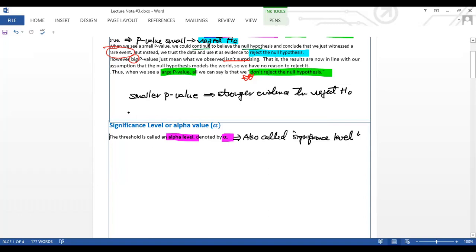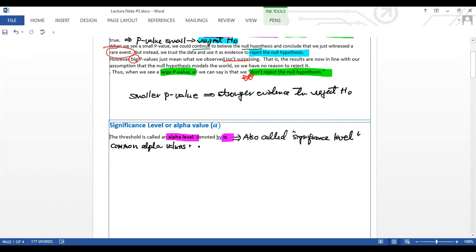So what are the common alpha values here? In statistics, in most research papers or publications you review, these are the most commonly used levels.